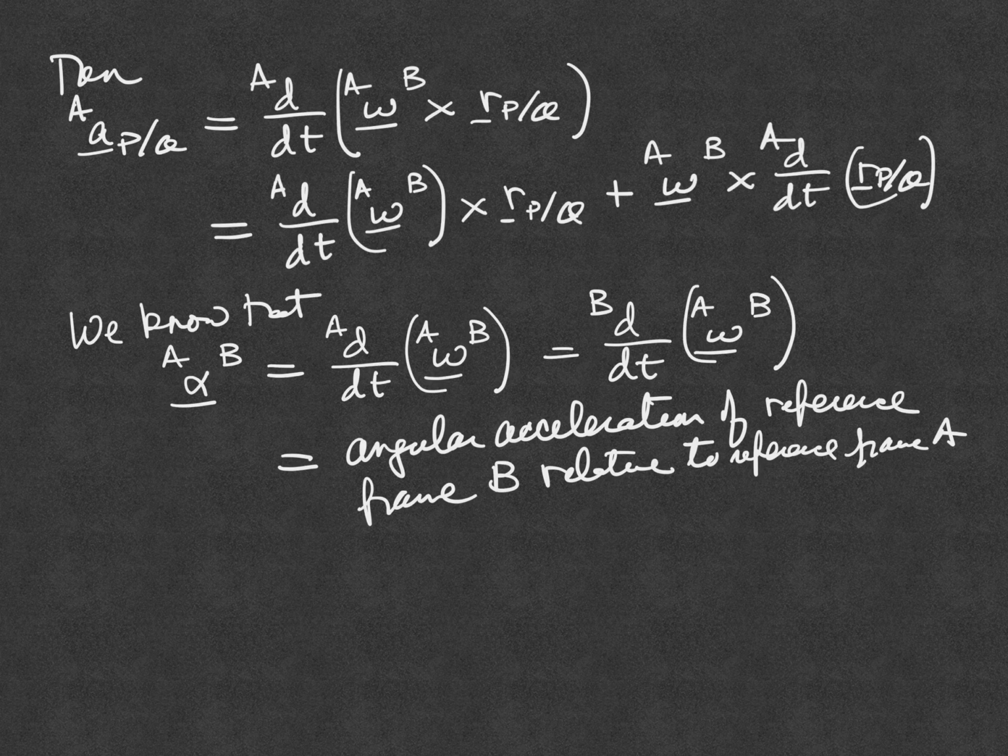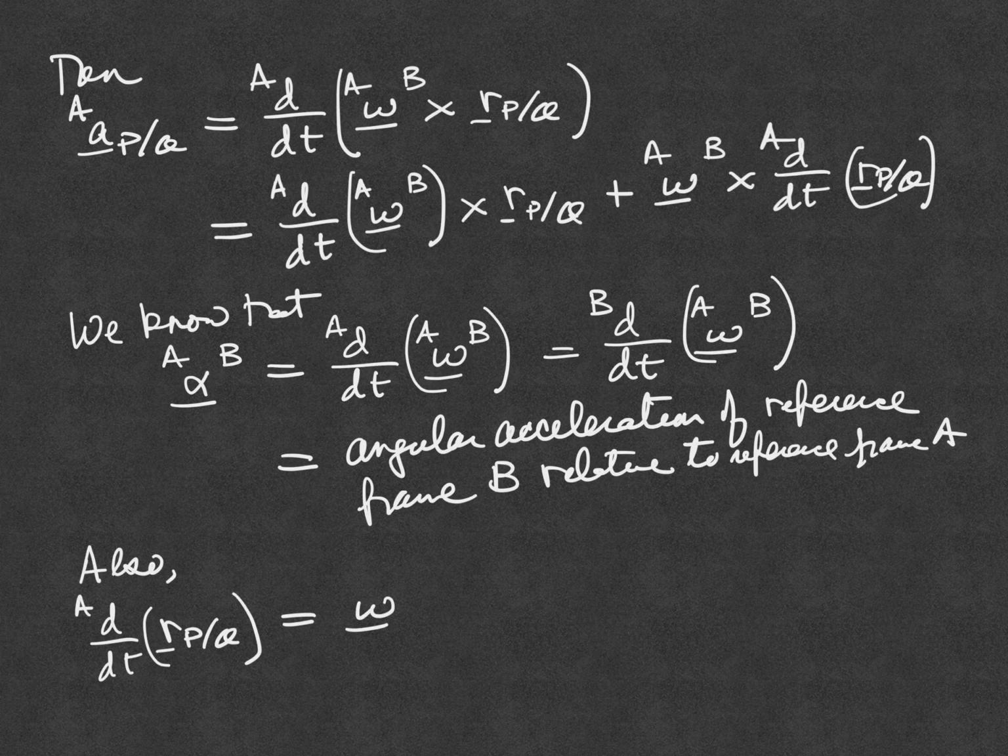So it's the second term that's actually a little bit more complicated. So the second term, we have that d dt in A of the position of P relative to Q. Well, we have that from the previous result.